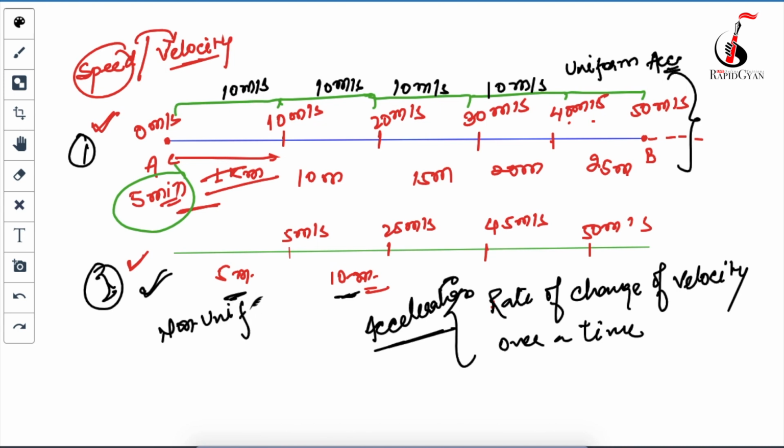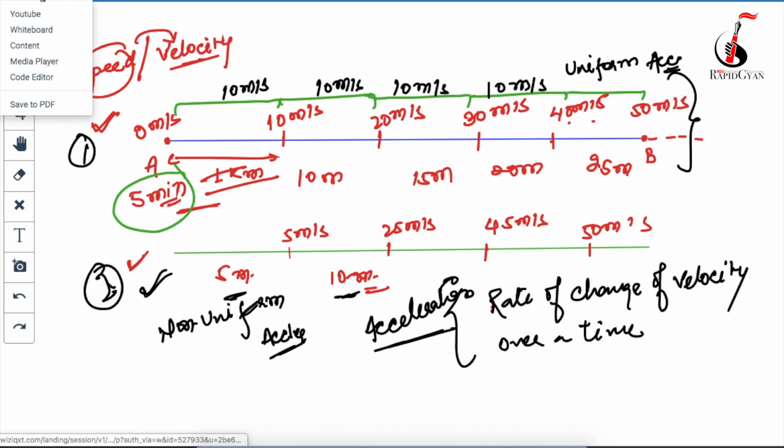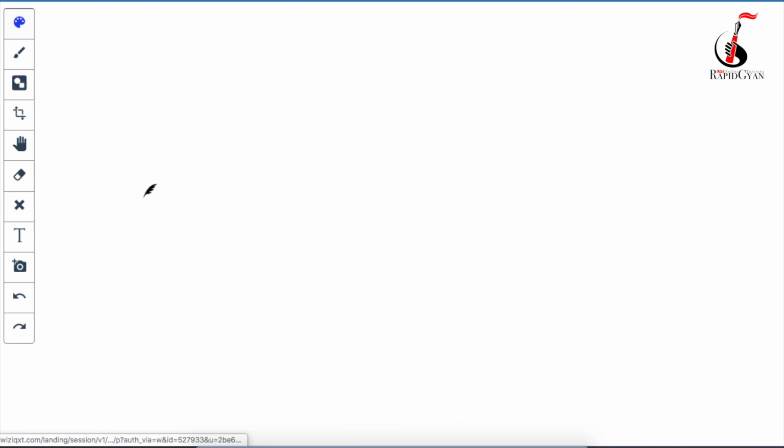Remember this: uniform acceleration and non-uniform acceleration. If anyone asks what uniform acceleration and non-uniform acceleration are, will you be able to explain? Yes. Now we will see. This is the case when your speed is increasing, but there may be a case when your speed will be decreasing. For example, we will take the same example.